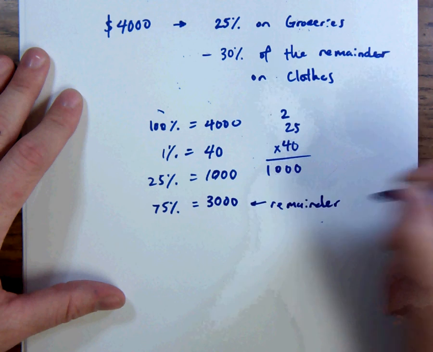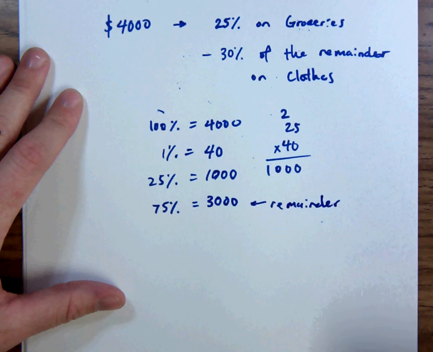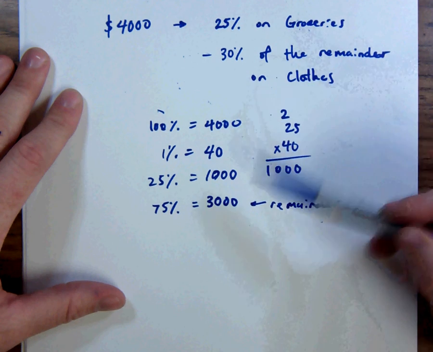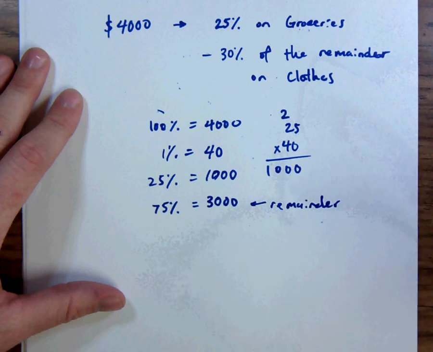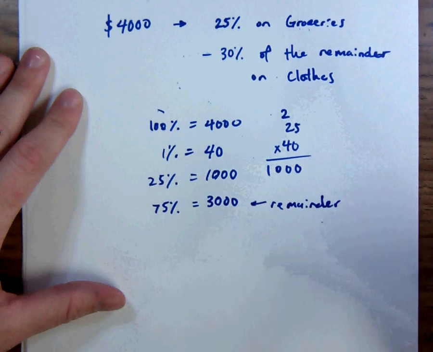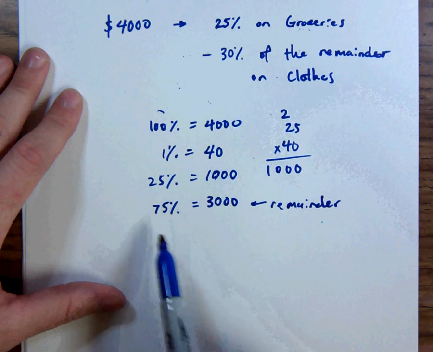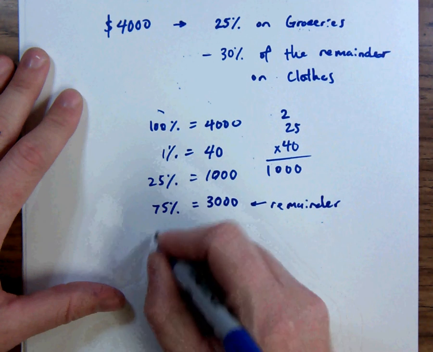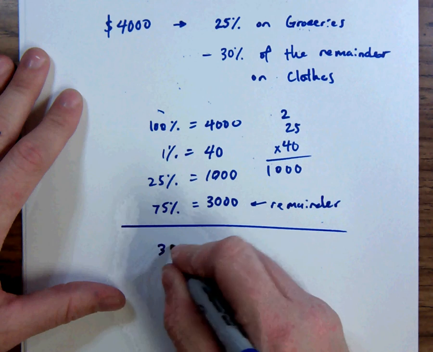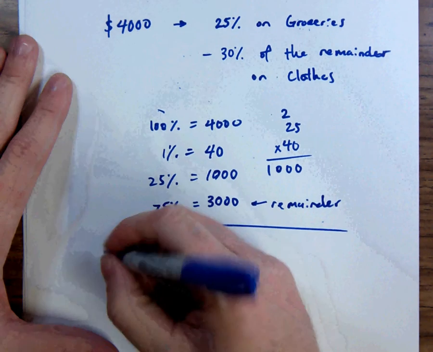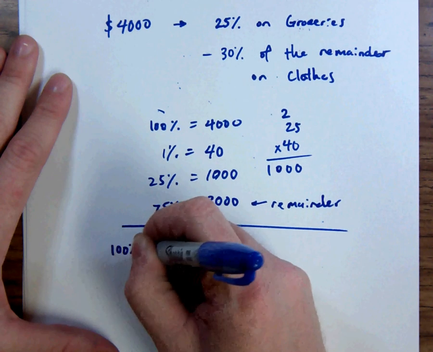And from here you need to figure out what 30% of this is in order to figure out how much money you're spending on your clothes. So if I want to know how much money I'm spending on clothes, I would say now 3,000 is my new 100%. Basically, that's the new number I'm working with.